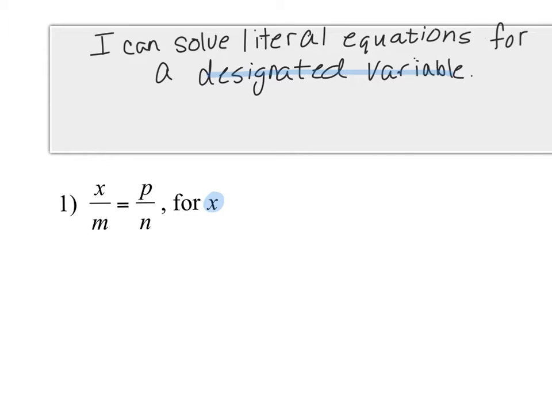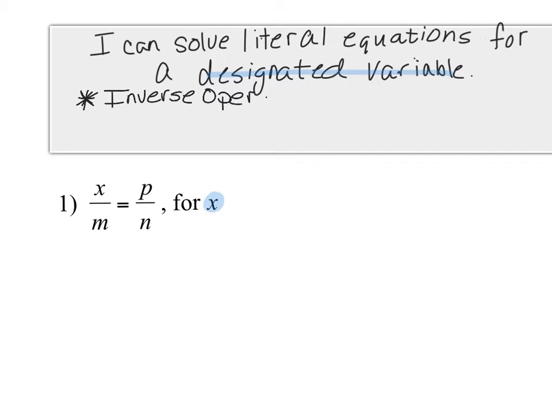And the 2 big ideas, which I just told you about in class on Friday, are that you're going to isolate the variable exactly the same way that you always do. You are going to isolate the variable by using inverse operations.